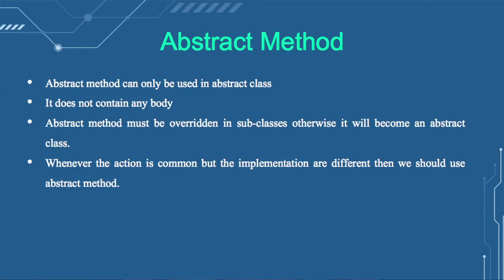Number 1, abstract method can only be used in abstract class. Number 2, it does not contain any body. Number 3, abstract method must be overridden in subclasses. Otherwise, it will become an abstract class. Number 4, whenever the action is common but the implementations are different, then we use abstract method.